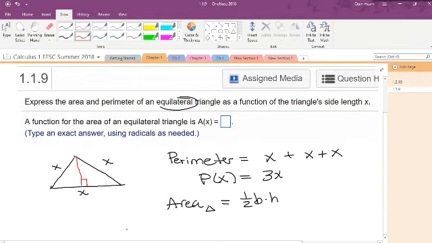Okay, so one convenient fact to know is that if this is an equilateral triangle, then it also happens to be an isosceles triangle. And whenever you have an isosceles triangle, if you drop a perpendicular from the top between the two equal sides to the bottom, you split the base in half.